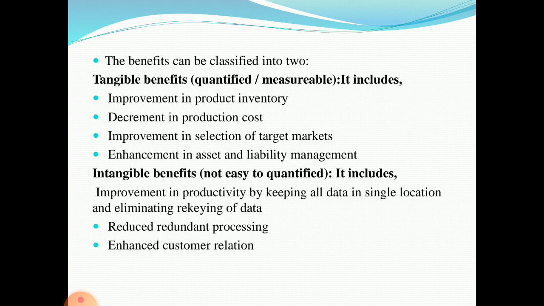Tangible means what? Quantified, that means measurable. Here it includes productivity improvement in product inventory, decrement in production cost, improvement in selection of target markets, enhancement in asset and liability management. These are the various tangible benefits. Improvement in product inventory means how a new product has been invented.